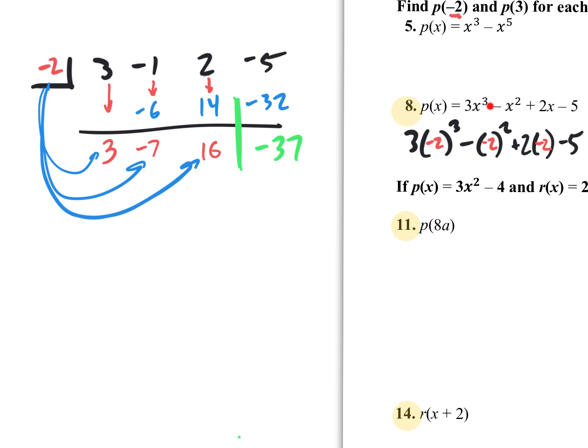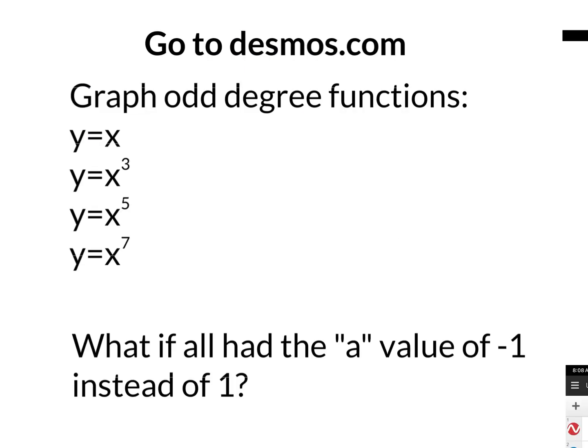I could plug in the number 1 and get out an output. And that'll be a coordinate on the xy plane. I could plug in a 2, get an output. I could plug in a 3, get an output. I could plug in a -2, get an output. These are all coordinates on an xy plane. And the next part of this lesson that I would normally do on a separate day is talking about graphs and their end behaviors.